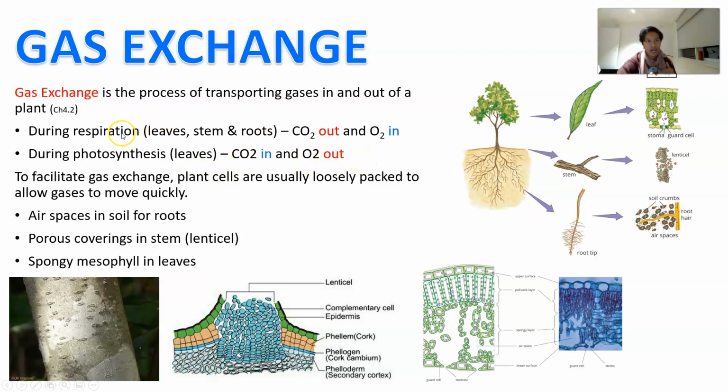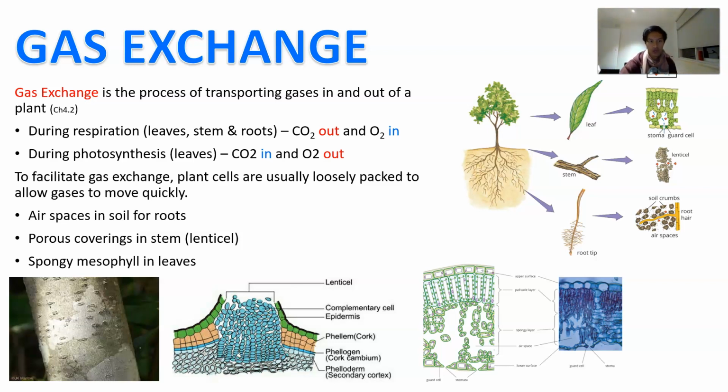So remember that respiration happens all the time, whereas photosynthesis happens during the moments where there is sunlight available for the plant. To facilitate the gas exchange, plant cells are usually loosely packed, allowing the gases to actually move quickly throughout the cells and get to where they need to go.